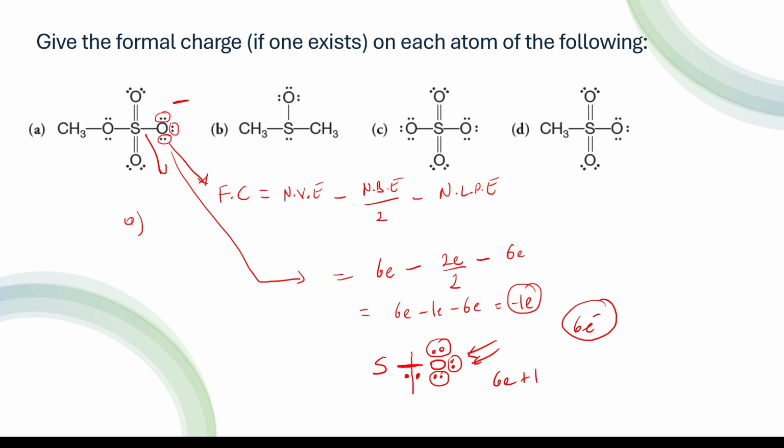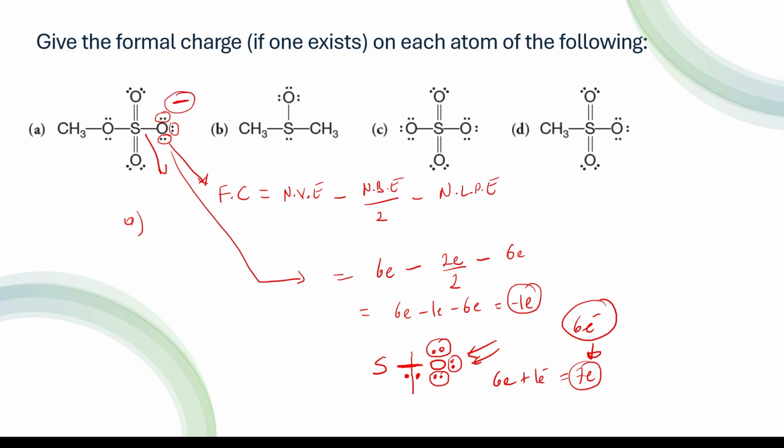It means that we have 1 extra electron in addition to these 3 lone pairs. In total, we have 7 electrons around oxygen, meaning that I have 1 extra electron than the neutral oxygen, meaning that we should have a negative charge.